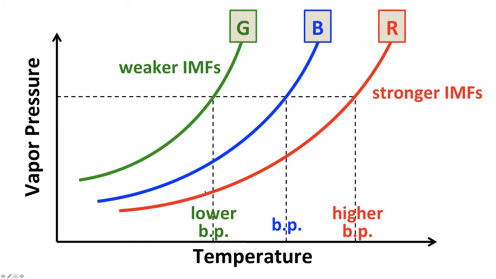And we've seen this before. Lower boiling point corresponds to weaker intermolecular forces. Higher boiling point corresponds to stronger intermolecular forces. This just sort of ties it in, though, with the definition of what is required for boiling to occur in terms of vapor pressure of the liquid equaling the external pressure.